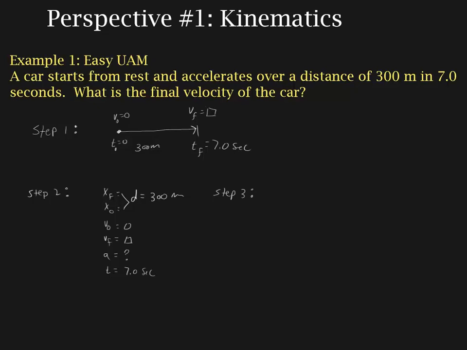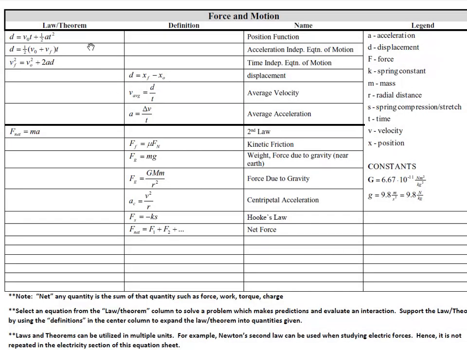Now, for step 3, we're going to take a look at the equation sheet. And you can see here on the equation sheet that we're solving a problem, and that means we're going to be looking primarily at these 3 equations here to do the problem solving. And it's all about interactions. An interaction is going to create a change.